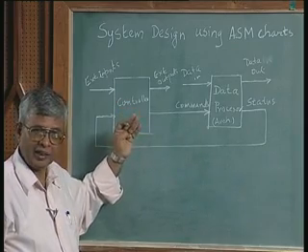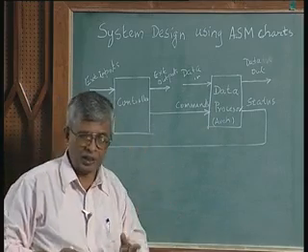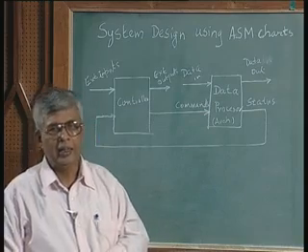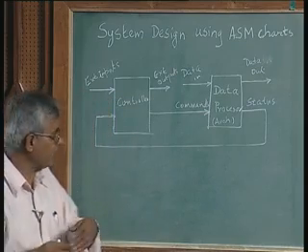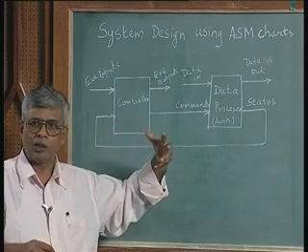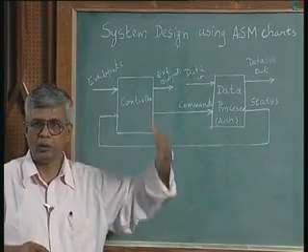So, the designer's job is to, given a problem, understand which part of it can be implemented as a functional block which is available readily, and what extra things he needs to put in order to use those functional blocks in a proper way to achieve the desired goals.